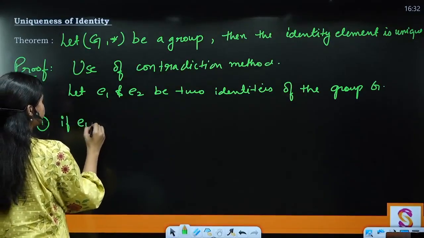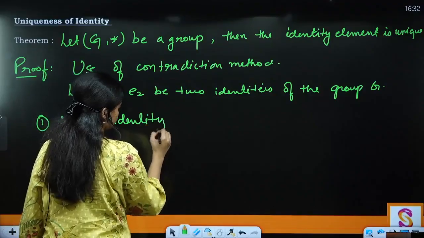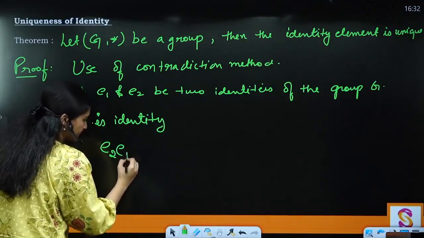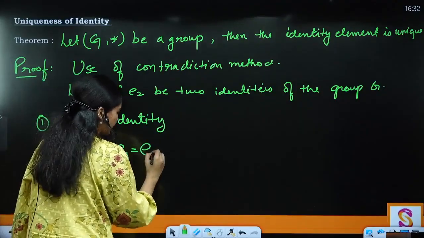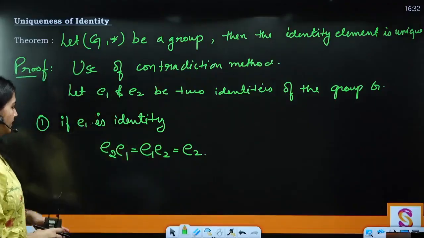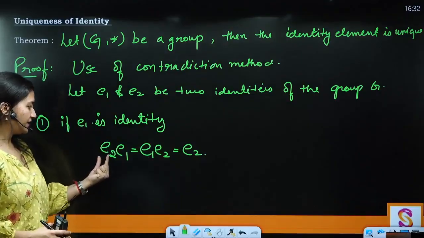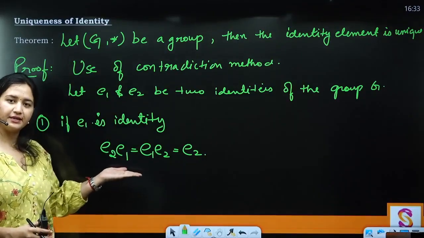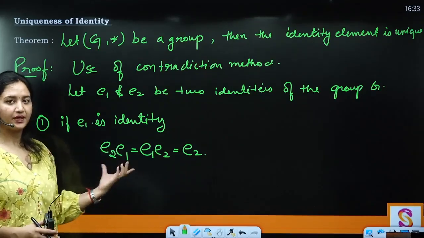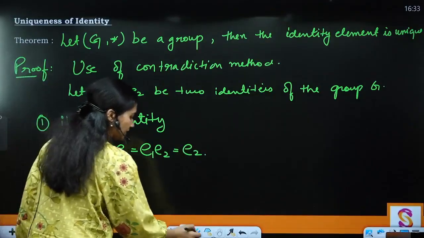If e1 is identity, then e2 e1 equals e1 e2 equals e2, right? e1 is the identity element, so it is going to satisfy the property with e2, which is some other element of the group. So this means that this is going to be equal to e2.